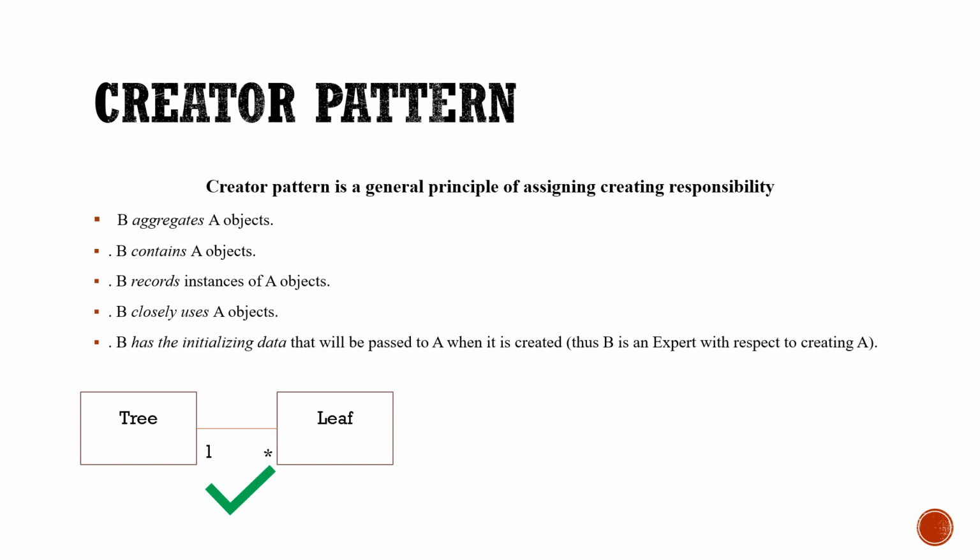Here is some guidance on when to use this pattern. B should create A objects if B aggregates A objects, or if B contains A objects, B records instances of A objects, B closely uses A objects, or B has the initializing data that will be passed to A when it is created. Thus, B is an expert with respect to creating A.